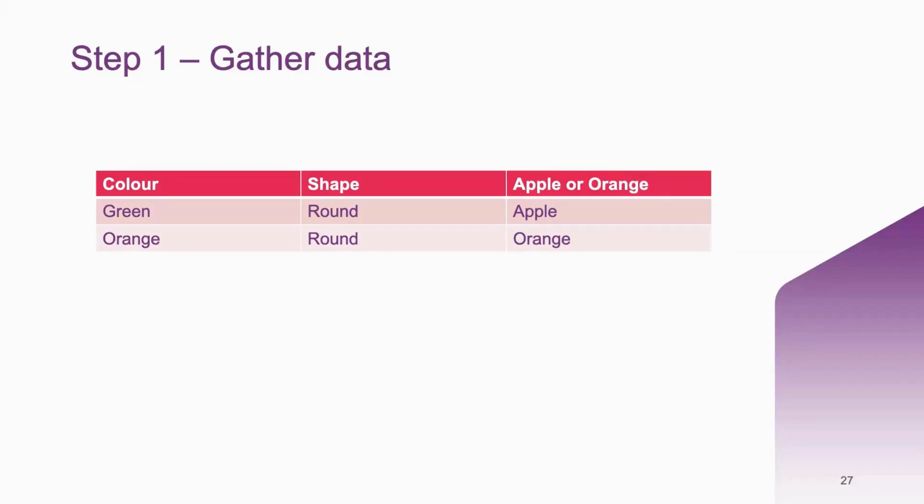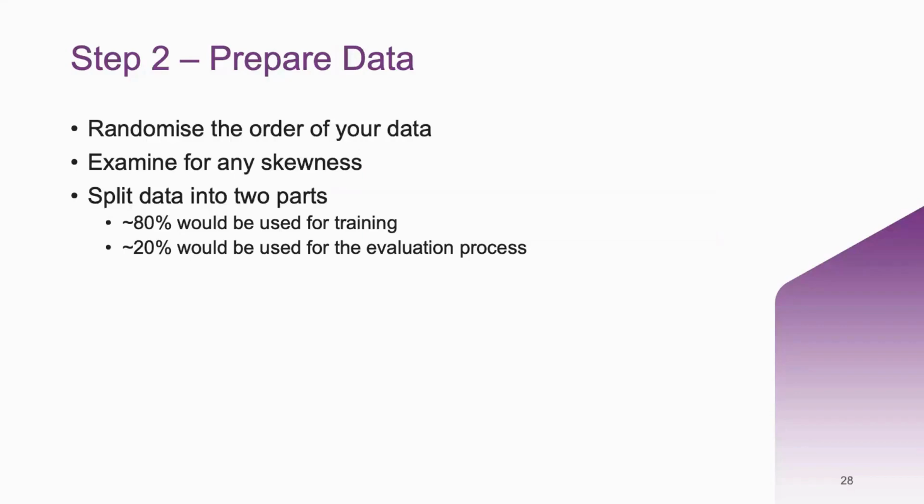So using these features, we would hope that our model can accurately differentiate between the 2 fruits. Now, typically you might have a model that includes way more features, but we'll be just using 2 features for today. So the data that we have collected here, the data that you see on the screen, would be your training data set. So we can then move on to step 2, which involves preparing your data.